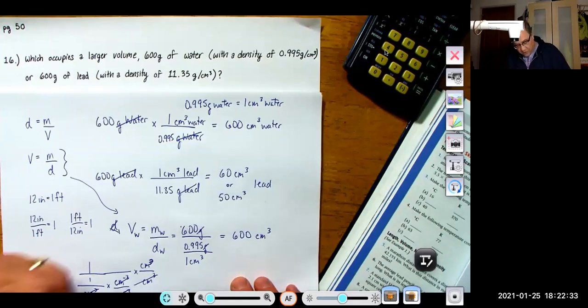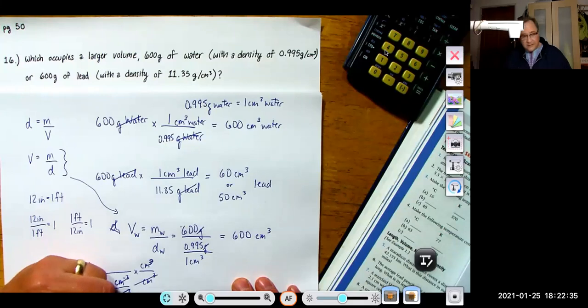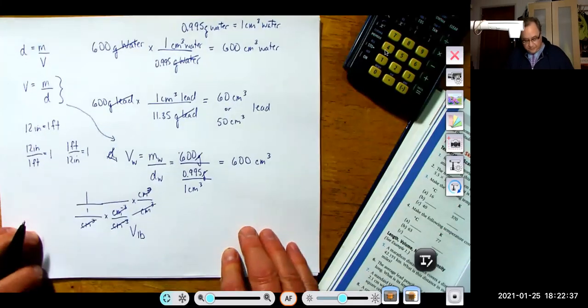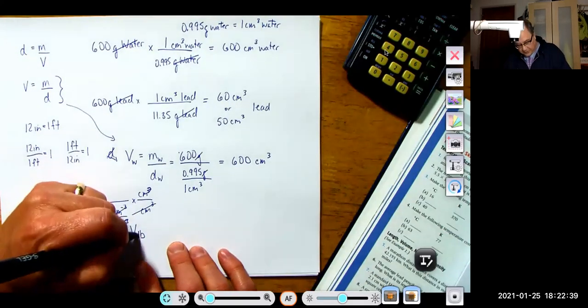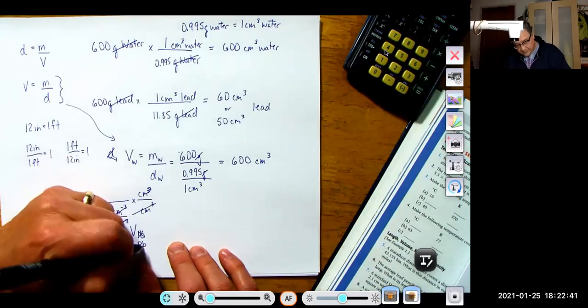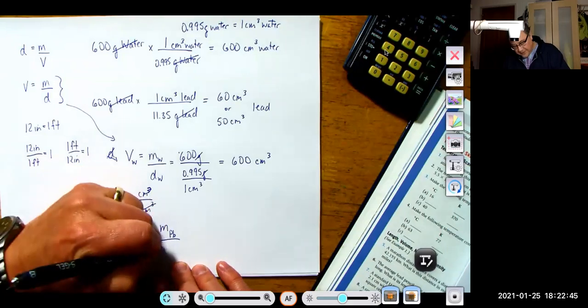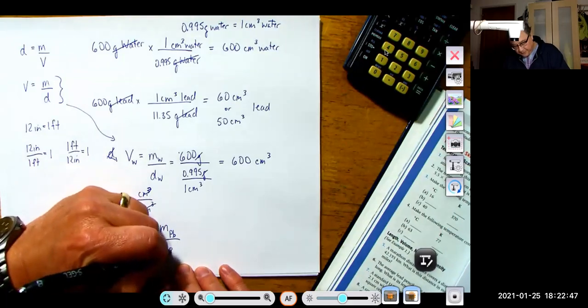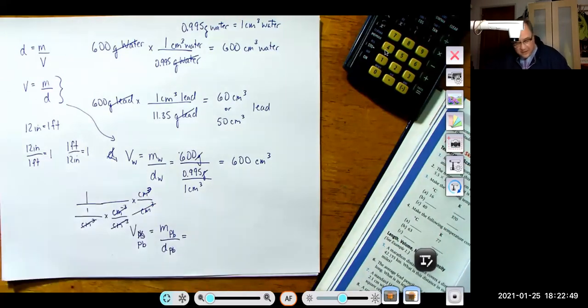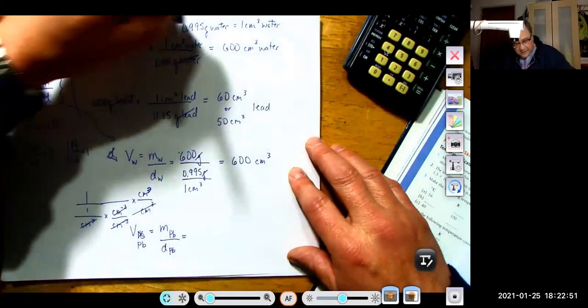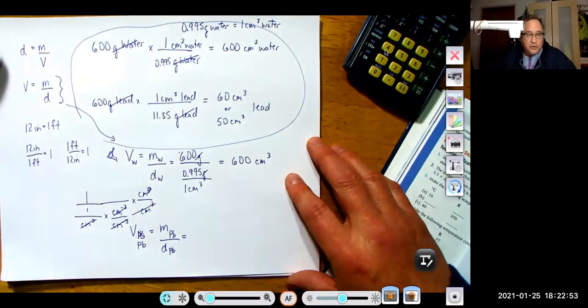Okay, so the volume of the lead, PB, is equal to the mass of the lead over the density of the lead. Now, to me, this way is easier for me to follow unit-wise.